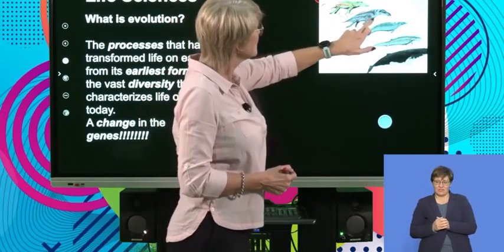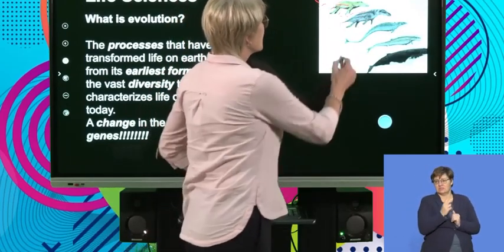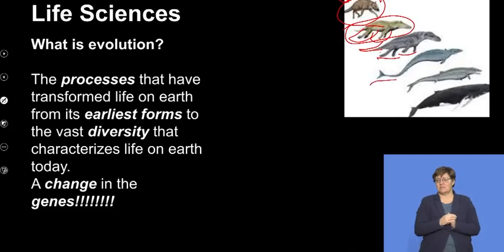And so you can see that as we go along here, already at this stage, the tail has now developed. It's much longer, and usually they use that as a propeller or as a stabilizer in the water. And we don't see any evidence of hind limbs anymore, so they have actually changed completely.